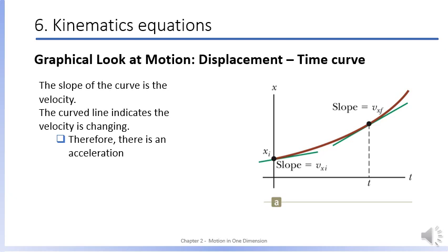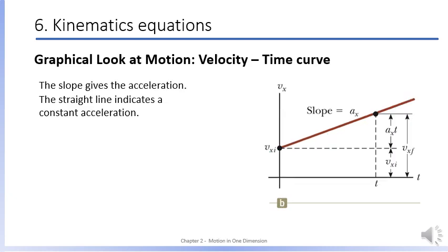The curved lines indicate the velocity is changing, therefore there is an acceleration. And in all our cases, we are dealing with a constant acceleration. And if we represent a velocity time curve, the slope will give us the acceleration.